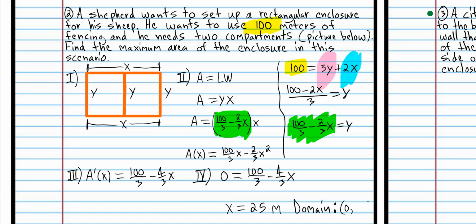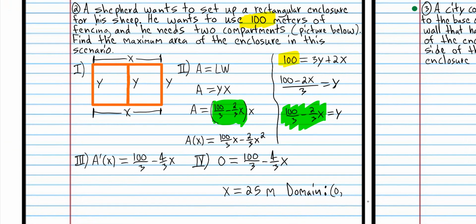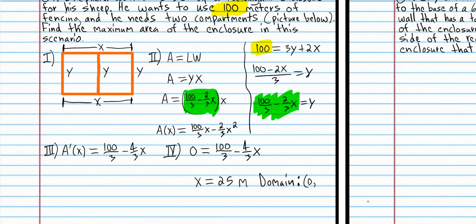Well, if the whole pink 3y goes to 0, then that means all of the 100 meters of fencing is going to be devoted to the x's. Now there's two x's, right? One on the top, one on the bottom, so you have to divide it by 2. So in other words, the biggest value of x would be 50. Now again, that's a lot of thought that has to go into that.